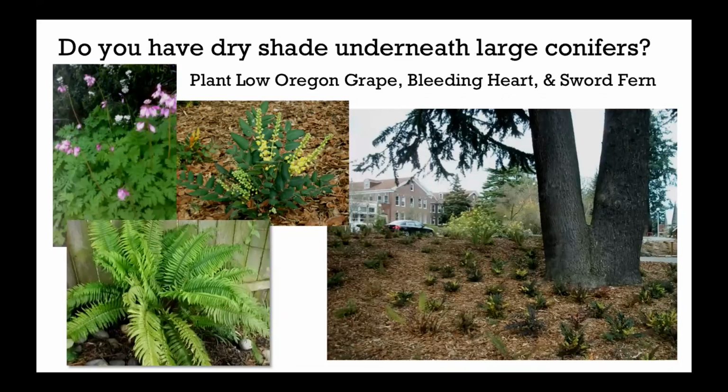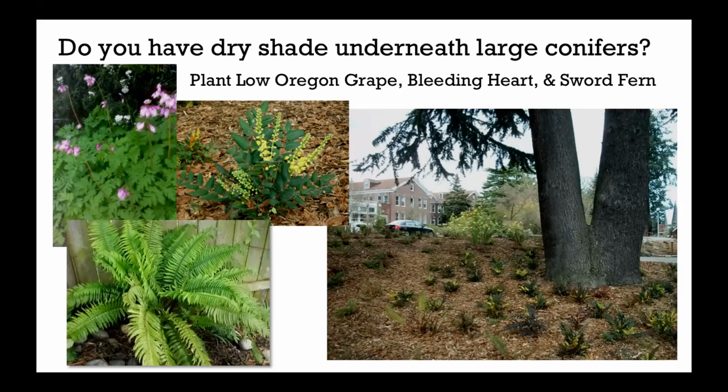Native plants are very versatile in the way that many of them can grow well in dry shade, because though we get a lot of rain, we also have a lot of huge conifers that drink up all the rainwater that falls, and also have a rain shadow underneath them where it stays very dry.